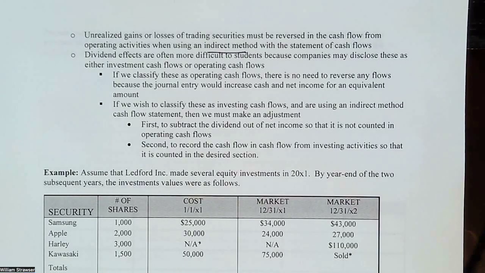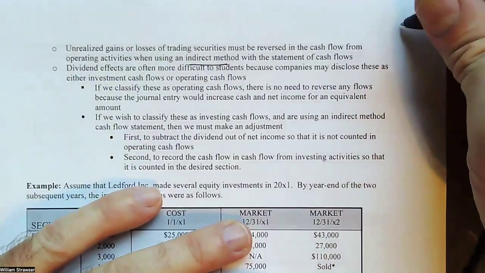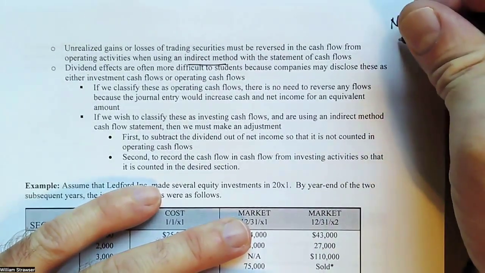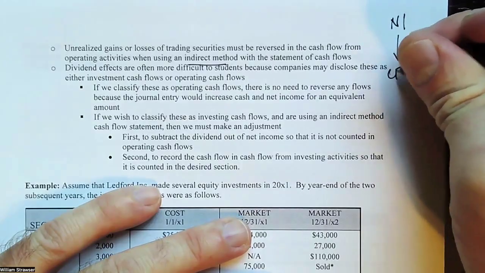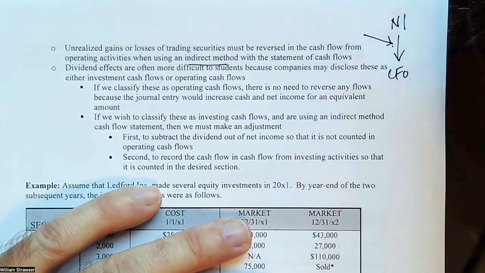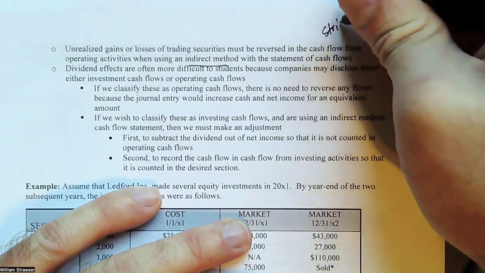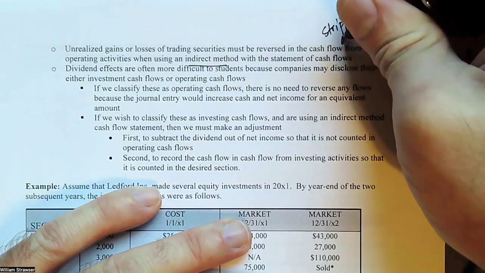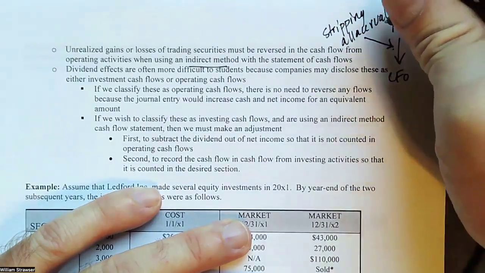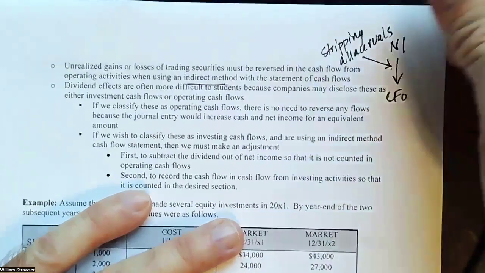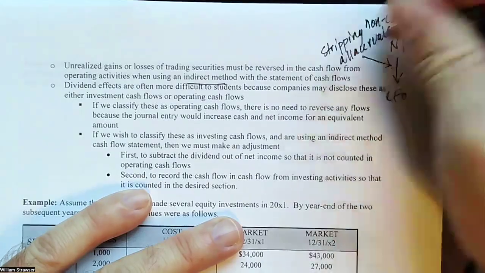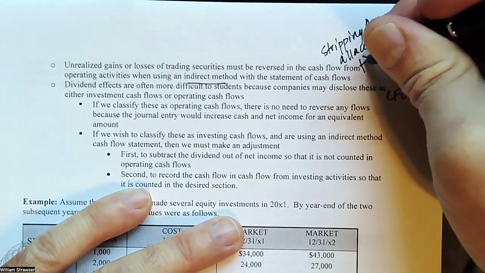And remember, with the indirect method, we start at net income and then we derive basically cash flow from operations by a process here of stripping all accruals, I should say, non-cash accruals from net income.